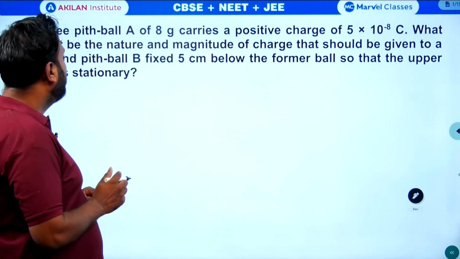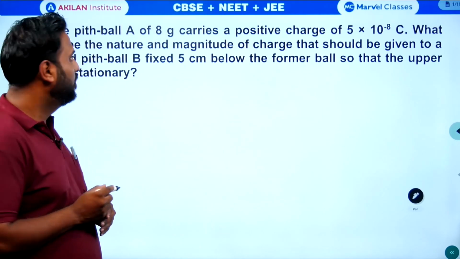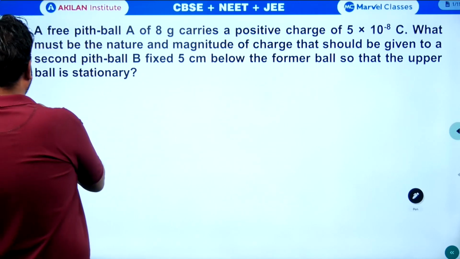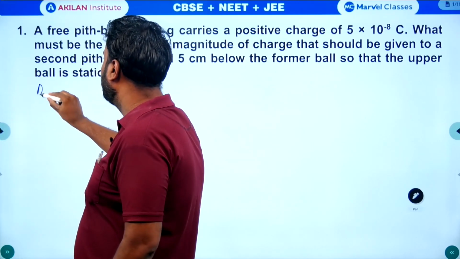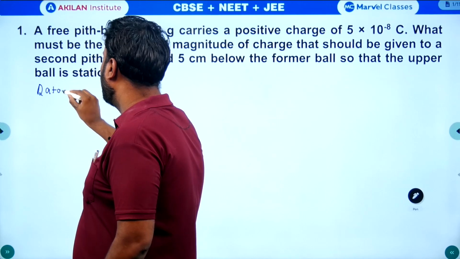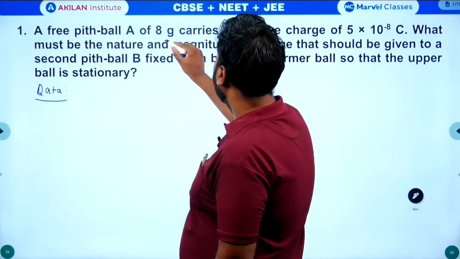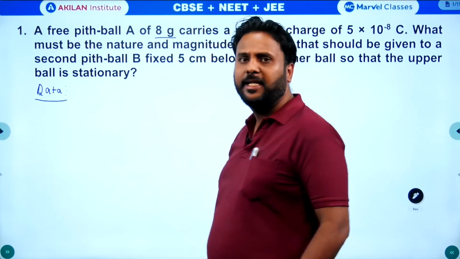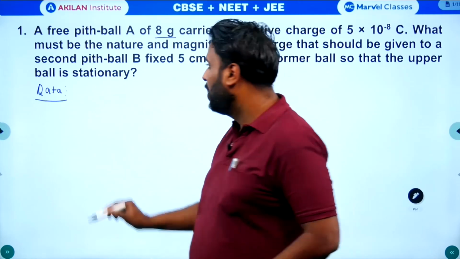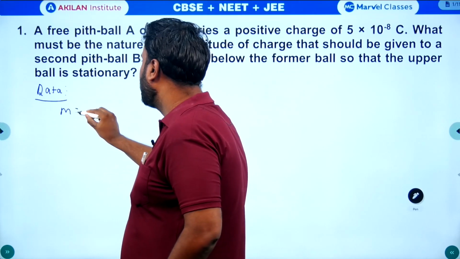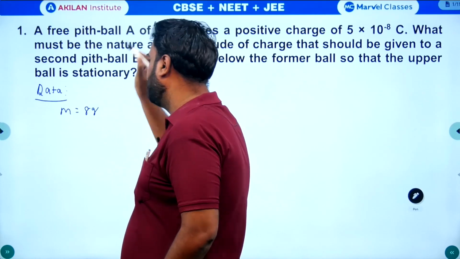First we have to know what data we have to write. So I'll write the data of the problem. You have to know what data are there in this problem. First they gave 8 gram, which is the mass. So we put mass M is equal to 8 gram.